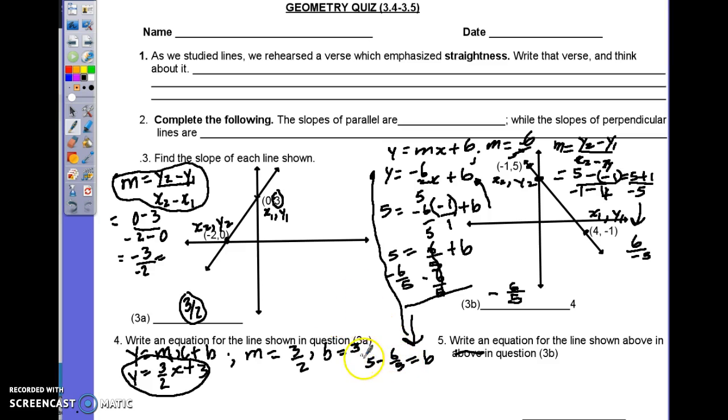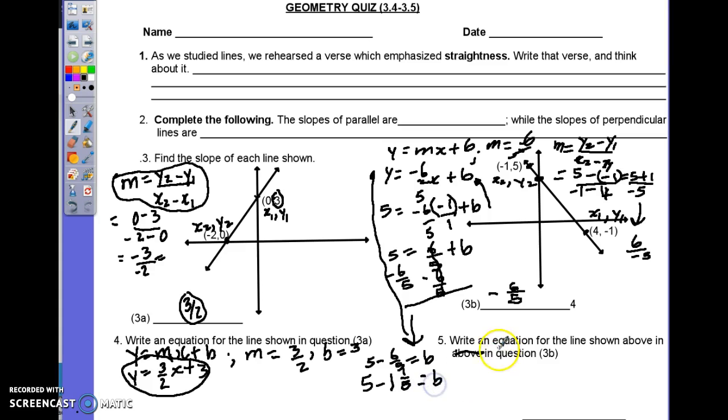Well, 6 over 5 is the same as what I'm going to write. Listen carefully. 5 goes into 6 one time, and 1 left over. So that makes it 1 and 1/5. That's equal to b.